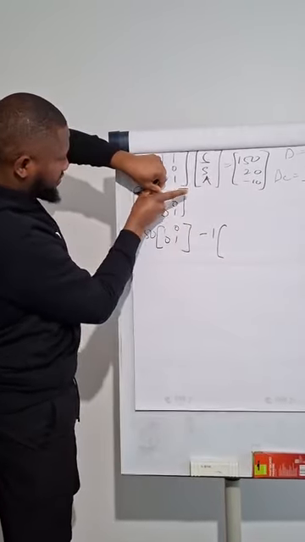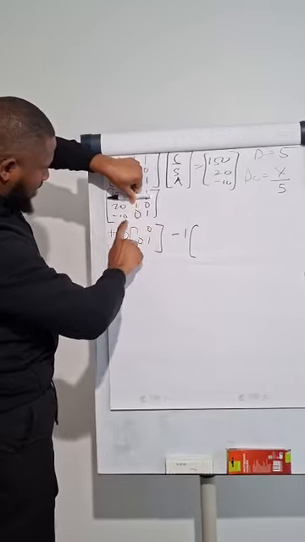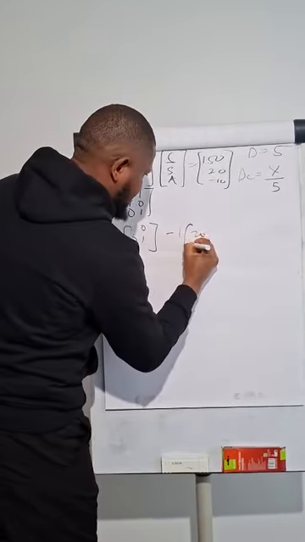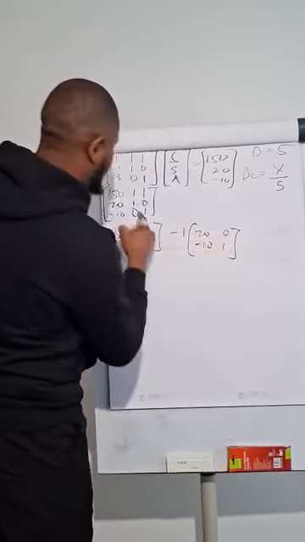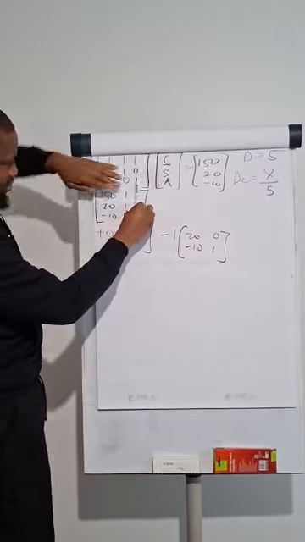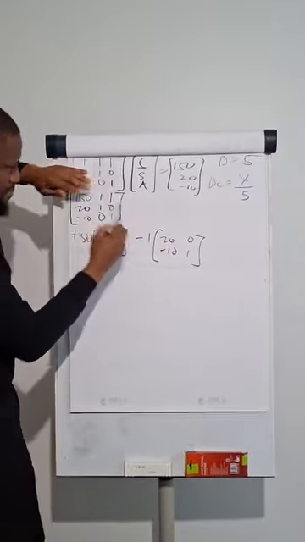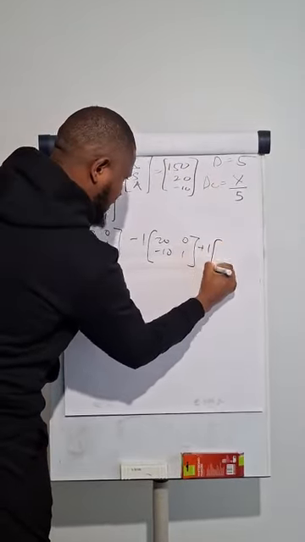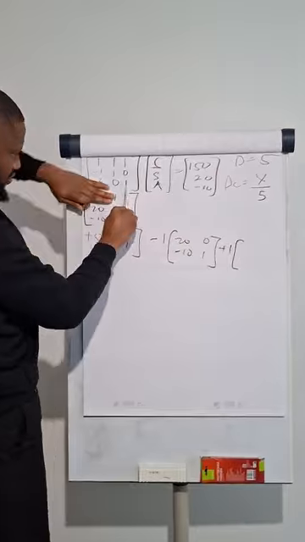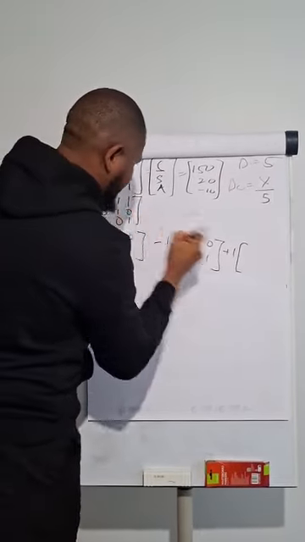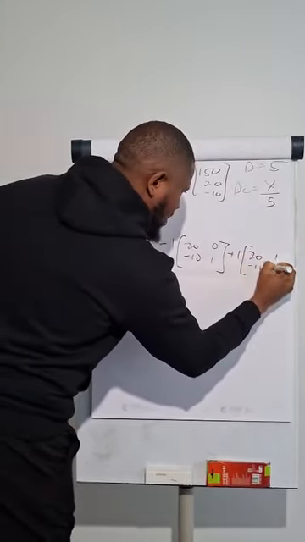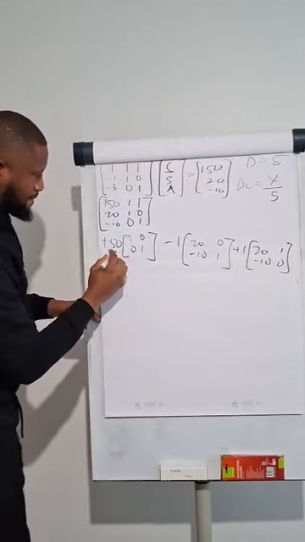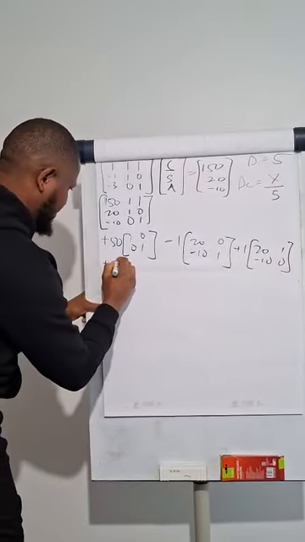We cover it, so it will be 20, minus 10, 0, 1. Lastly, we cover it, and it will be plus 1, since the signs alternate, with the matrix 20, minus 10, 1, 0. Then plus 150.